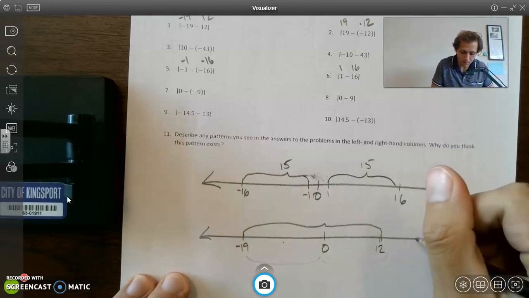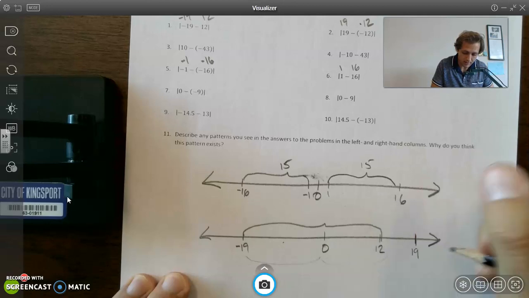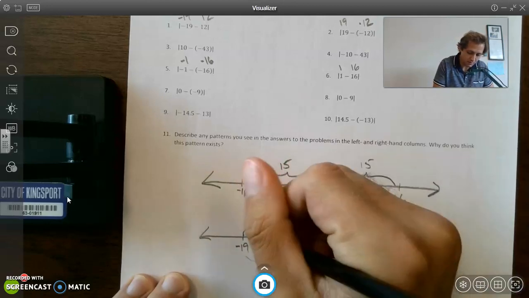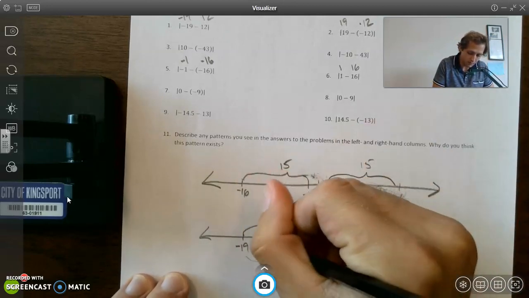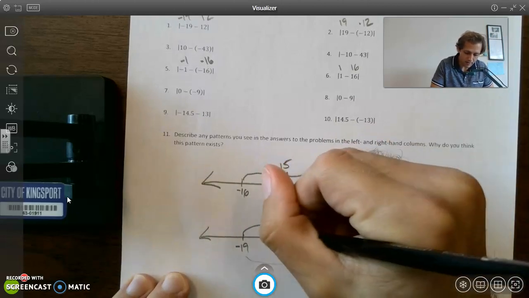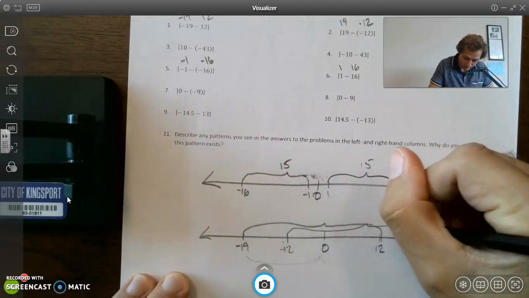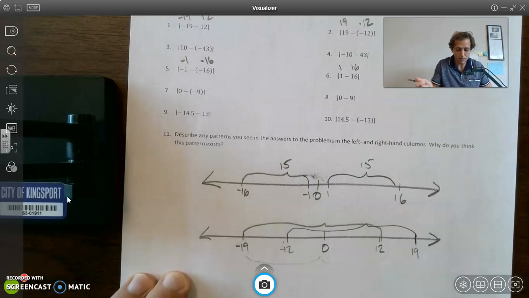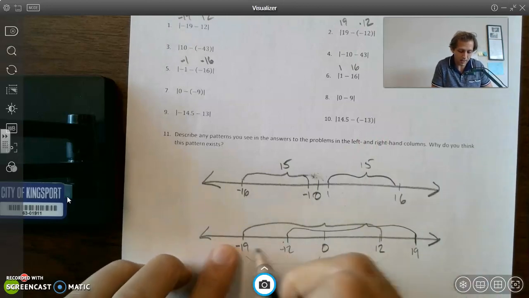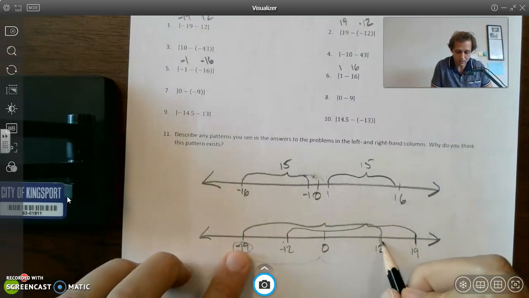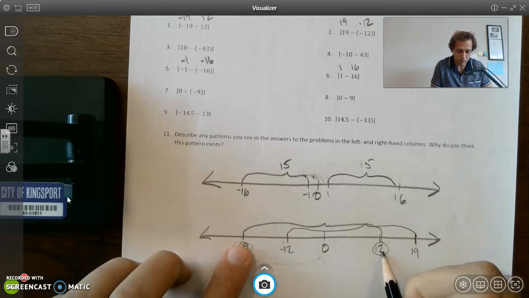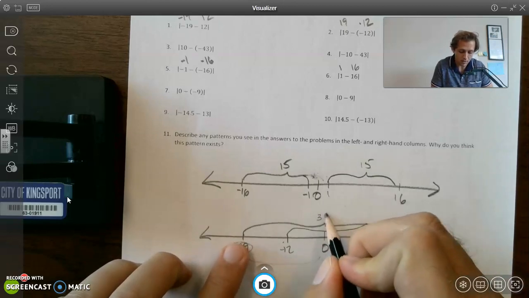On the other side, we're going from positive 19 to negative 12. That's going to be the same distance, because this is 19 spaces from 0, and this is 12 spaces from 0, so we have to go 31 spaces.